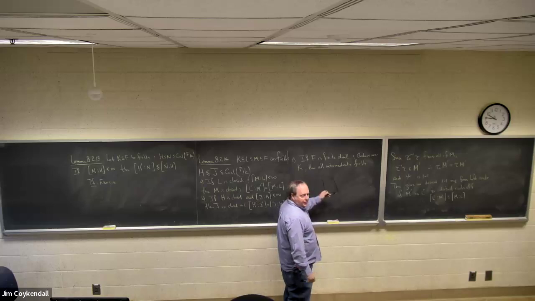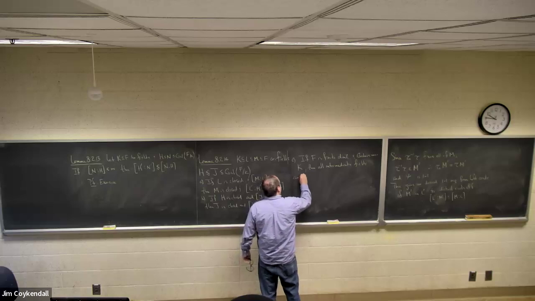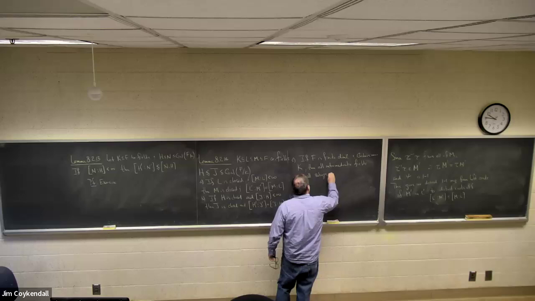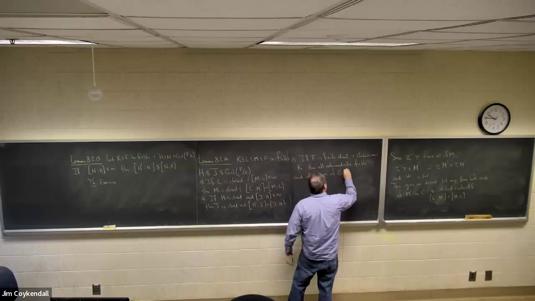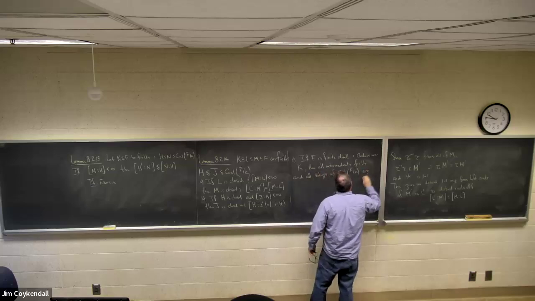So all fields between F and K are closed. And all subgroups of the Galois group of F over K, these are all closed.